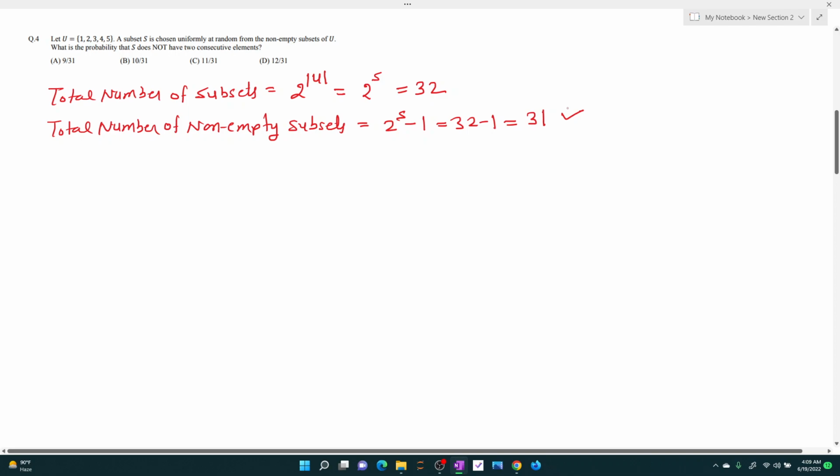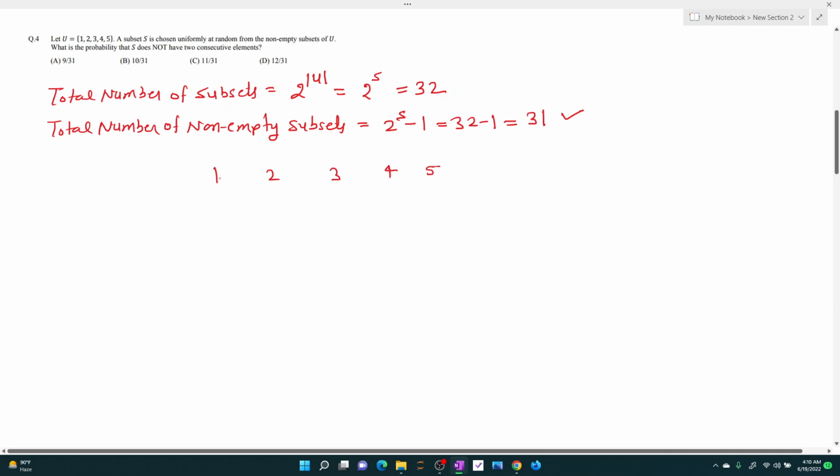Now, the point here is we have to choose a subset S such that S does not contain two consecutive elements, right? For example, we have the elements 1, 2, 3, 4, and 5.